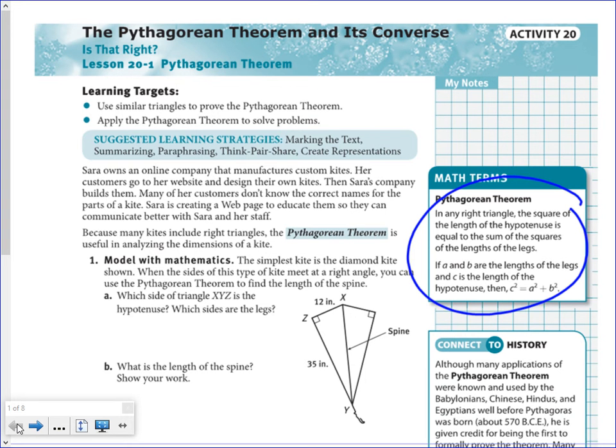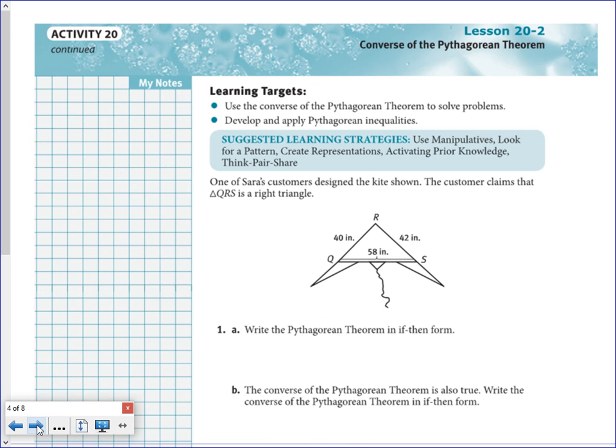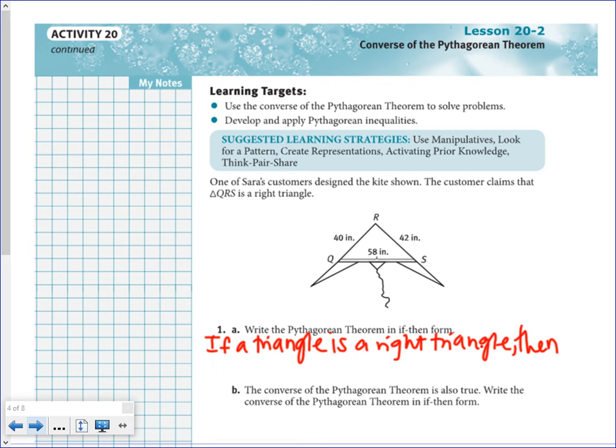So what we're going to do, in any right triangle, if a triangle is a right triangle, that's where we're going to start. If a triangle is a right triangle, then the rest of that statement that they said. And so then, and I'm going to say the sum first, but you can order it in either one.